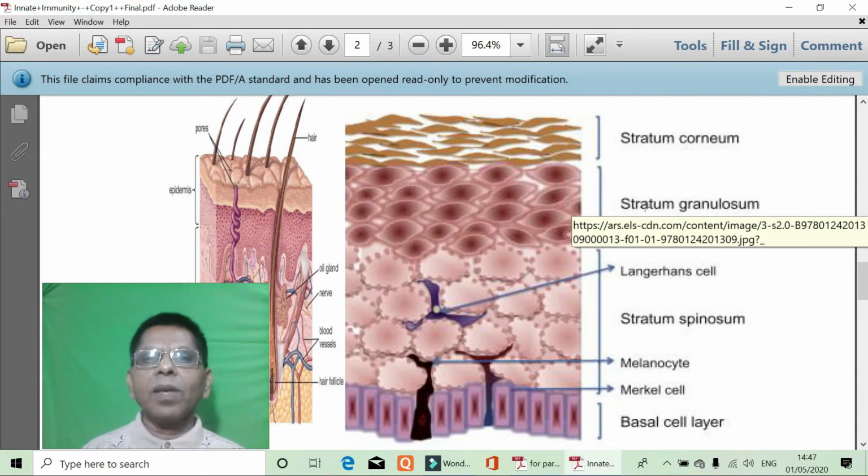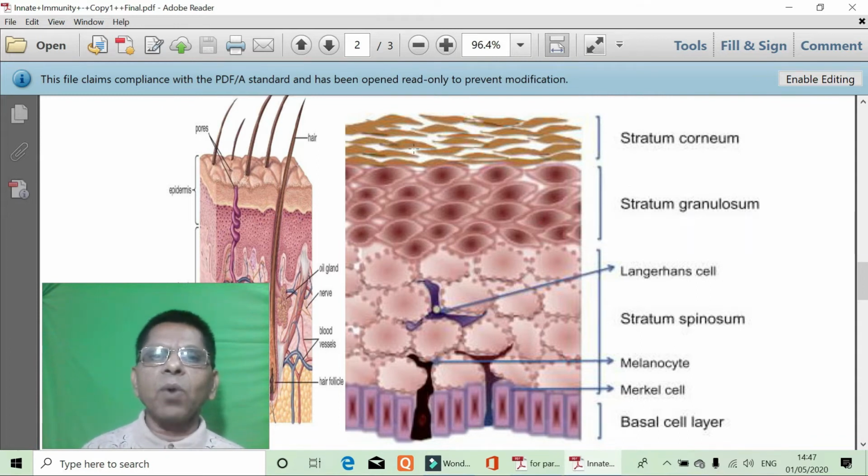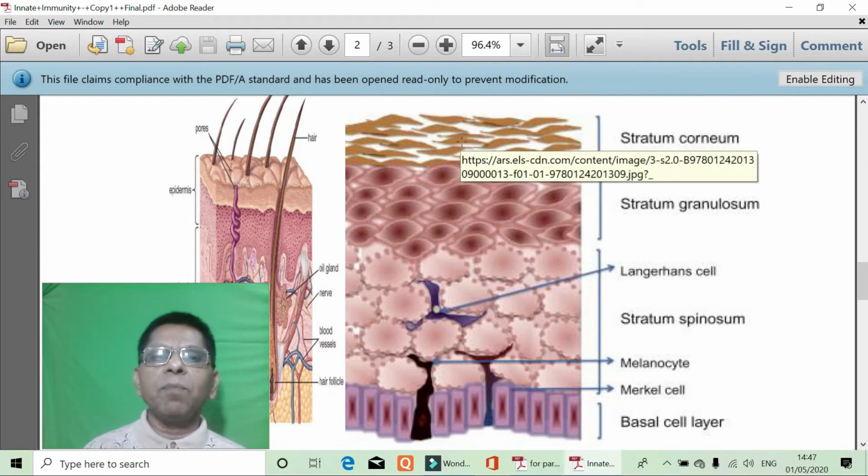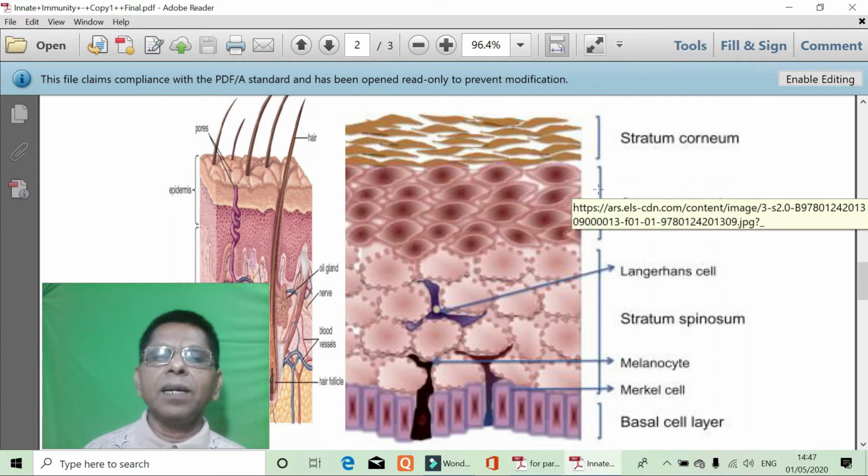Similarly, one of the important properties of the epithelial tissue is that its uppermost layer of cells is continuously shed as the cells grow old and die, and because of that it does not allow any microorganism to settle on the surface of the skin.